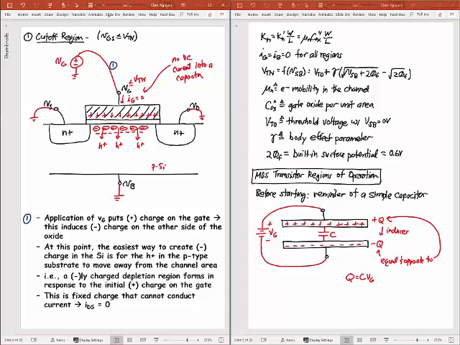And so the depletion region will have some positive charge on this N plus side. Right? And the depletion region on the N plus side, because it's N plus, it's heavily doped, is going to be very thin.